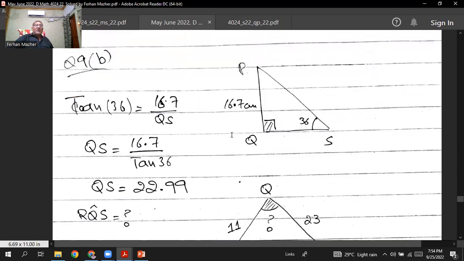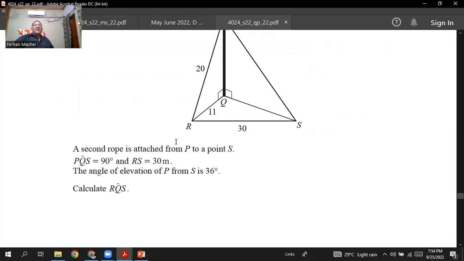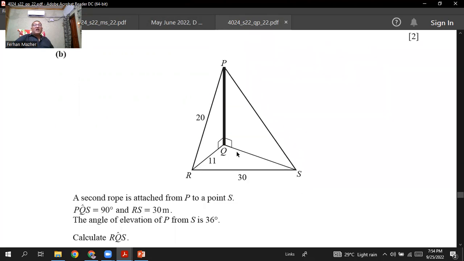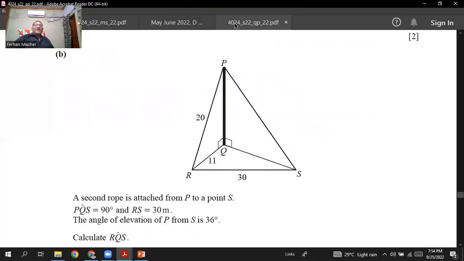So now I know 22.99. So I know the three sides, and I want to find out which angle. The question is, I know the QS, we just calculated it. I know the QS, I know the RQ, and I know the RS.